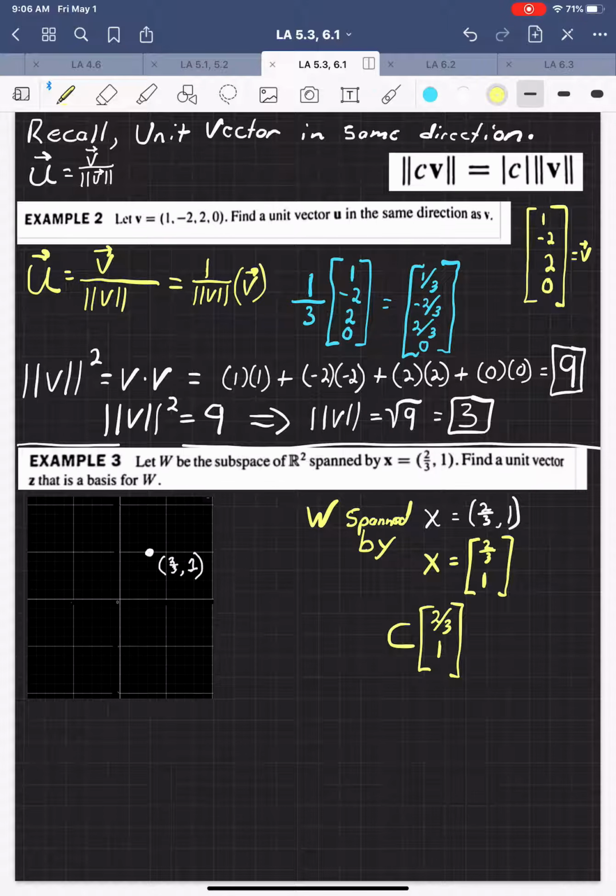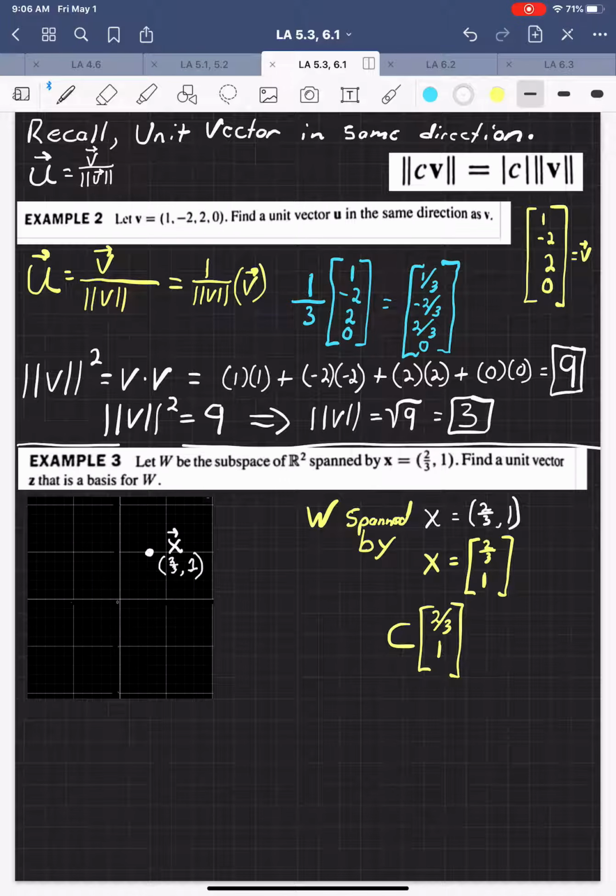Now, what I've done here is I've taken the liberty of drawing x for us. So this is vector x. And now think about, well, what would it mean to attach a scalar to that? Well, that would mean you could have 2x or 3x or 4x or 0x or negative 2x.